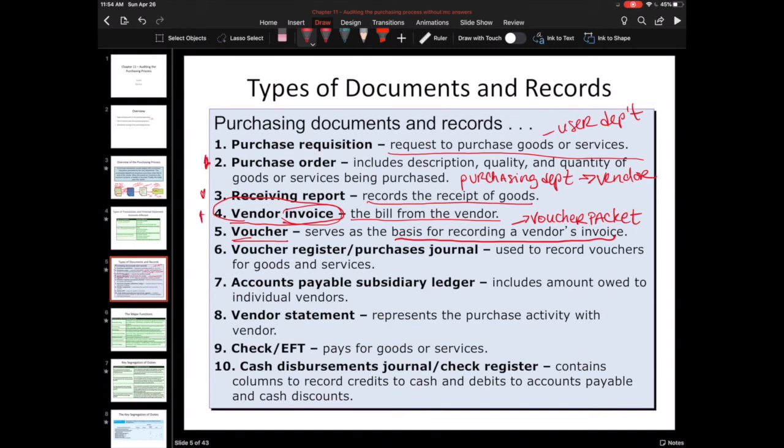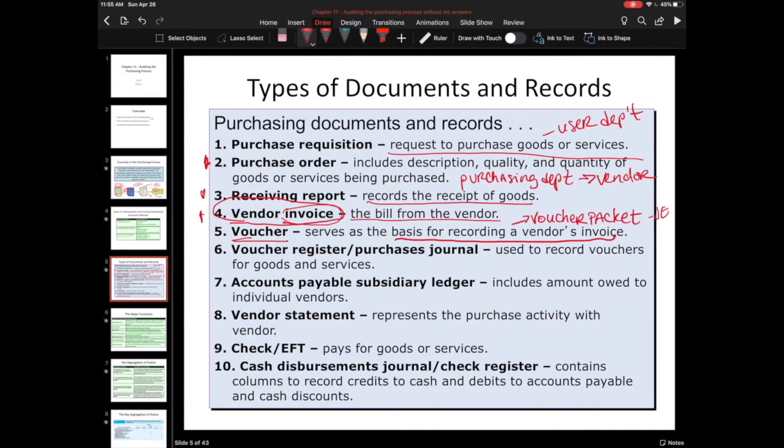All these things that validate the fact that we are supposed to pay this person. And it will also include what the journal entry should be. So, hey, these are the accounts that we should be recording this invoice to. So it will indicate, is this an inventory purchase or a supplies purchase, so on and so forth.